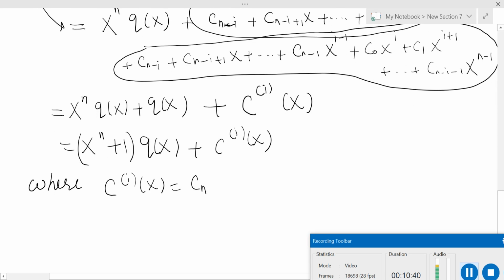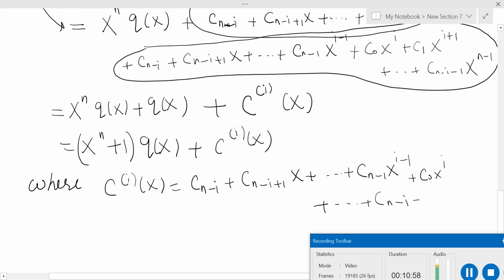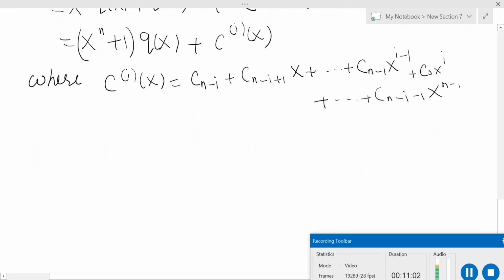It is this polynomial Cn minus I plus Cn minus I plus 1 x plus Cn minus 1 x to the power I minus 1 plus C0 x to the power I plus Cn minus I minus 1 x to the power n minus 1. Now what is this ci of x polynomial?